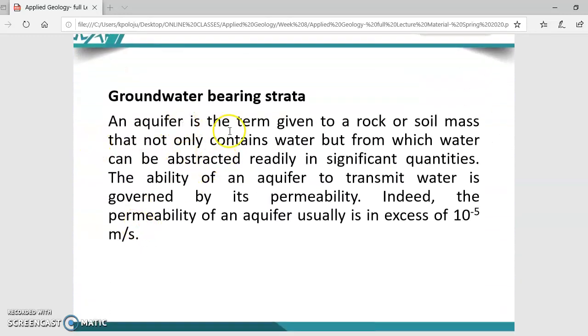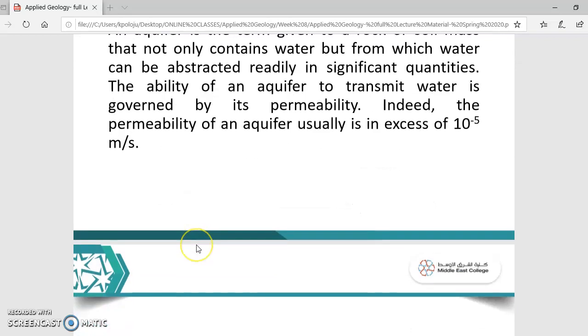The term aquifer is the term given to the rock or soil mass that not only contains water but from which water can be extracted readily in significant quantities. The ability of an aquifer to transmit water is its permeability. Indeed, the permeability of an aquifer usually is in excess of 10 to the power of minus 5 meter per second.